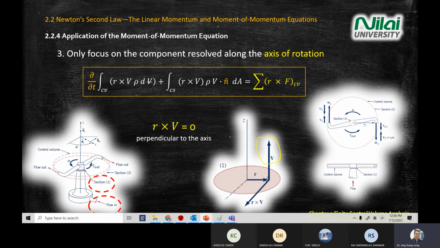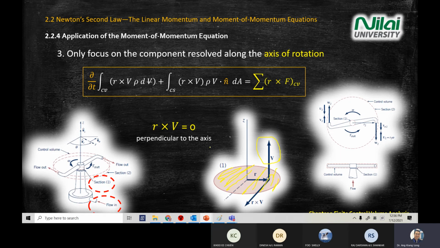Your R is from the center of the pipe, which is Z. And the velocity component is 90 degrees to the plane in pink color here. So when your V is perpendicular to your reference plane, especially at the R, because your R is parallel to the surfaces, the cross product will be 0.